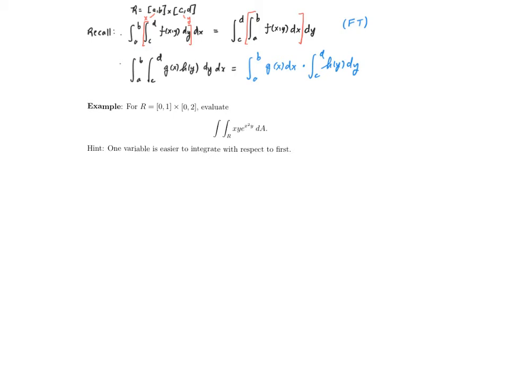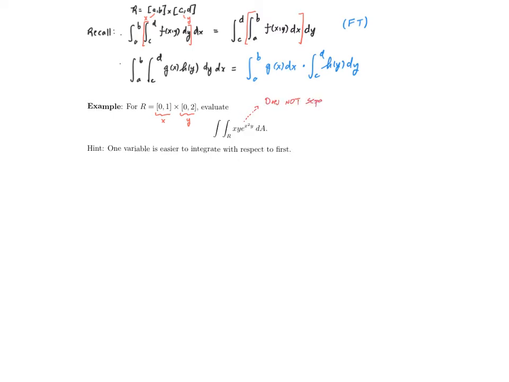So let's go ahead and take a look at our example. For the rectangle given by [0, 1] times [0, 2], and a reminder once again, this first interval is for x values, the second interval for y, we are asked to evaluate this double integral. But let's make a few observations. The first observation I want to make is that this previously discussed property does not apply. That is to say, no matter how hard we try in this case, this function does not separate.